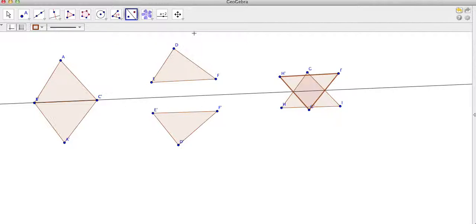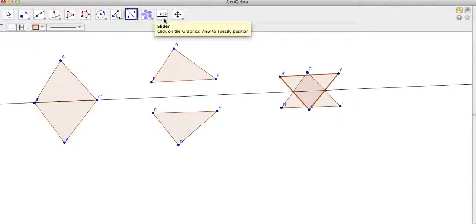Now for 2A: how are points and their images related by each of these geometric transformations? For 2A, reflection in line M. For example, if this is the line M and this is the reflection, none of the angles are changed and none of the side lengths are changed.